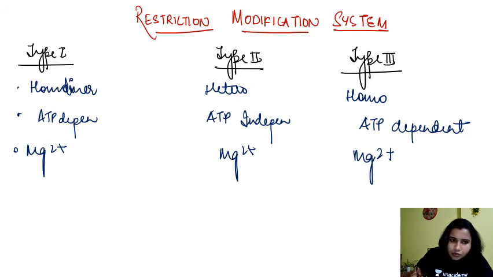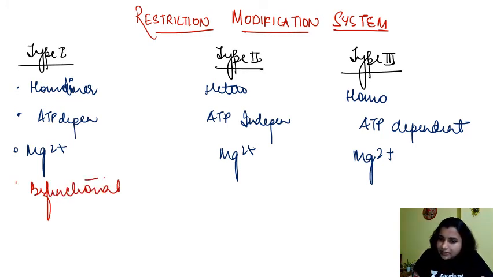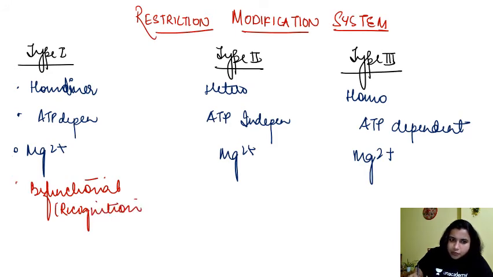Next, here it is bifunctional. That means the enzyme acts both as a recognition and modification system. It functions both in recognition and modification.